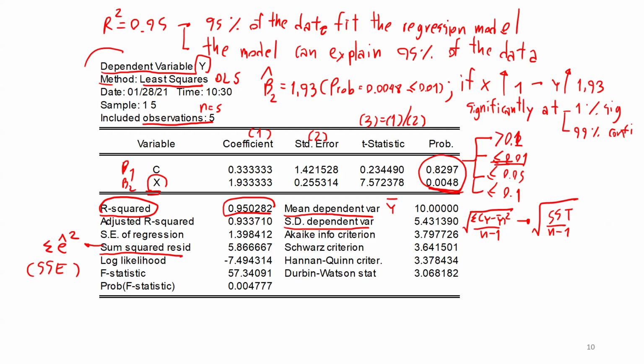If you know how to read this well, life will be easier with real data. You check whether the probability is less than 0.1 or not. If not, your model maybe cannot answer those questions. So you expect this probability to be very low, and this means it affects significantly.